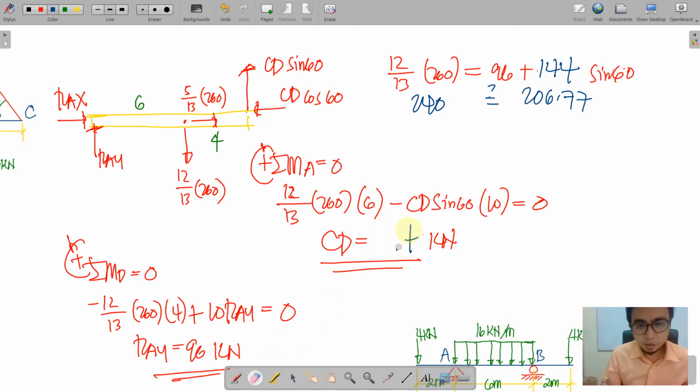So I think this is 166.28, and this is 166.28.